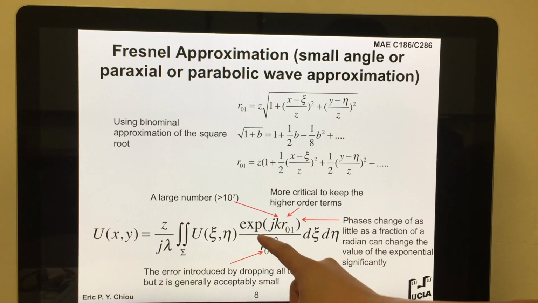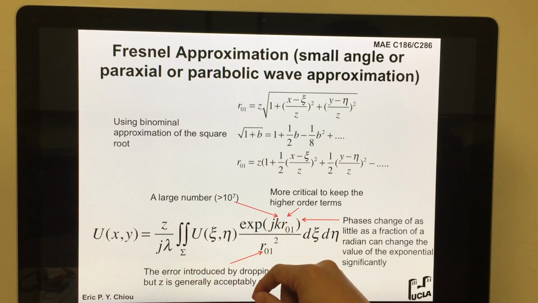The problematic part is in the phase term of the exponential, because you have a very large number k here, and this one is cosine and sine. So if you have a very small variation in R01, after multiplication with this large k number, it can fluctuate very fast between plus and minus 1. So it would be good if we can keep at least the first order term here.